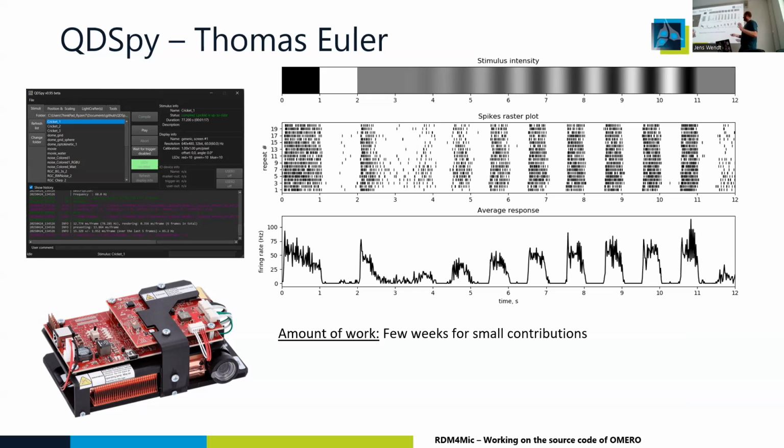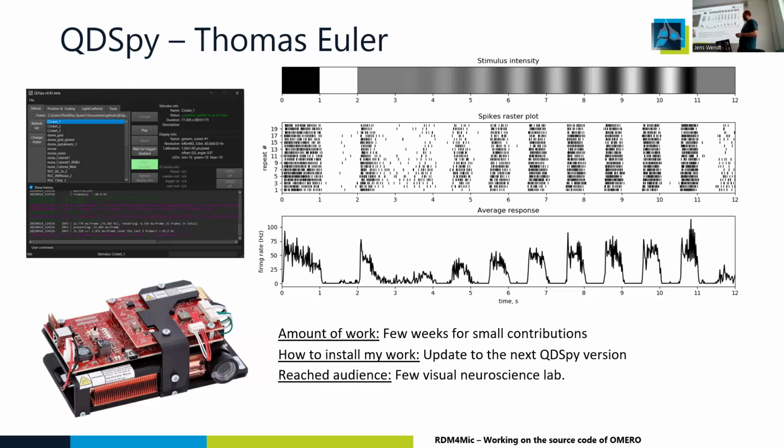This took very few weeks for a small contribution to that tool. So it was not an extraordinary output. What I did was add a few tools to more easily probe the neurons I was looking at. Using my work, you just had to update to the last QtSpy version.